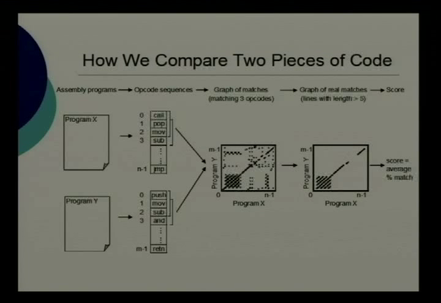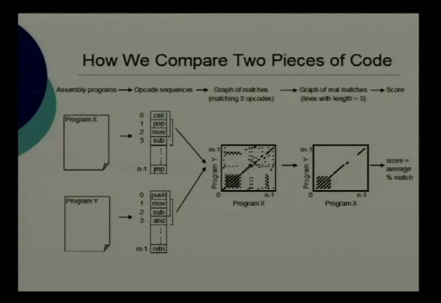Then for comparison, we compare 3 subsequences at a time, and we do an all-against-all comparison. So for program X and program Y, if the 3 opcodes are the same in any order, we consider it a match. If there's a match, we plot the XY coordinate, where X is the opcode number of program X and Y is the opcode number of program Y, to generate a graph of matches, meaning 3 opcodes match in any order.